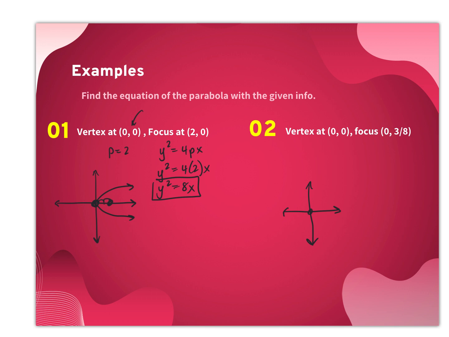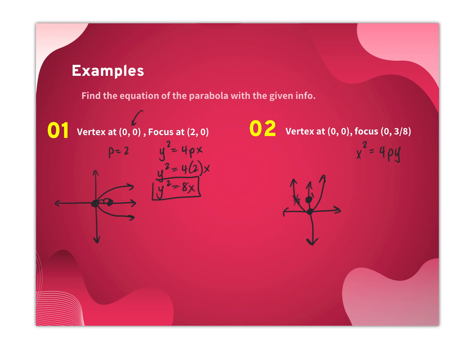Notice here our vertex is again at 0, 0, and our focus is at 0, 3/8. So let's say this is 3/8. Well, that tells you, if the focus is here, that this is a parabola that opens upward, which means it's an x squared. So again, x squared equals 4p times y.